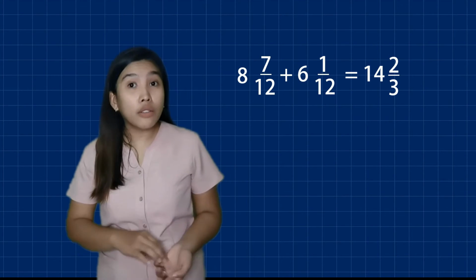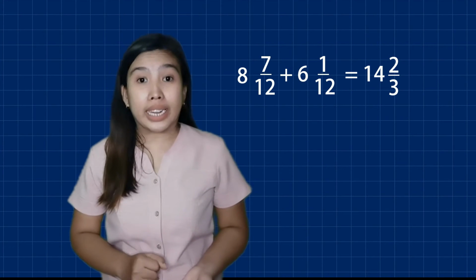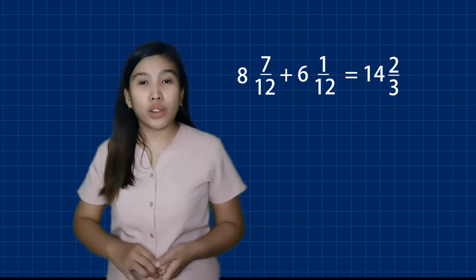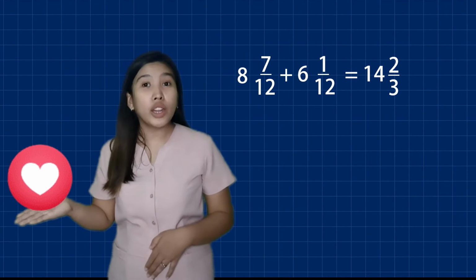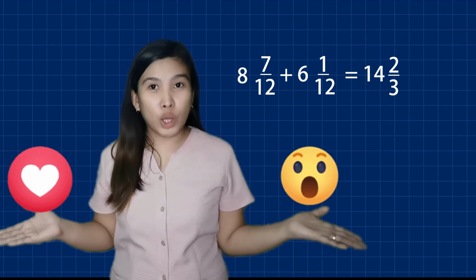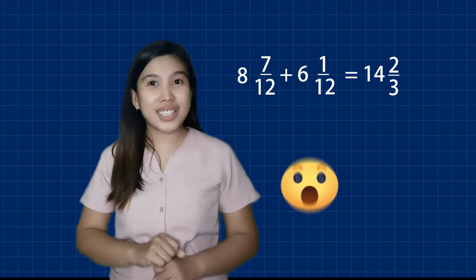8 and 7 over 12 plus 6 and 1 over 12 is equal to 14 and 2/3. If the equation is correct, you're going to react on a heart button, or if it is not correct, react on a wow button. So timer starts now.